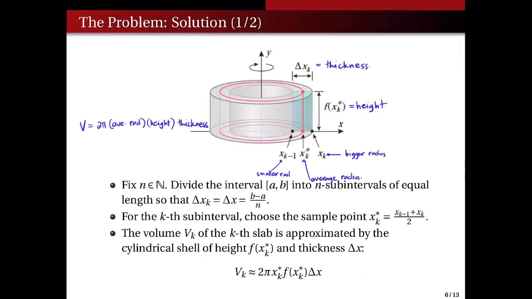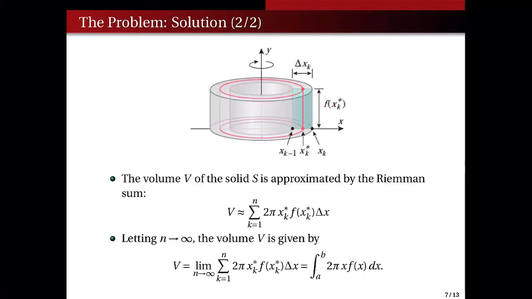Volume, 2 pi, average radius, height, thickness. So this is the method of cylindrical shells.